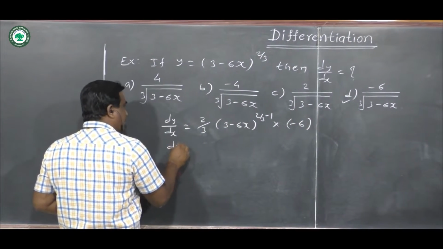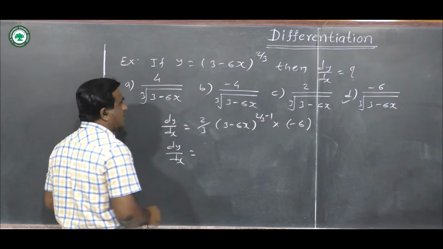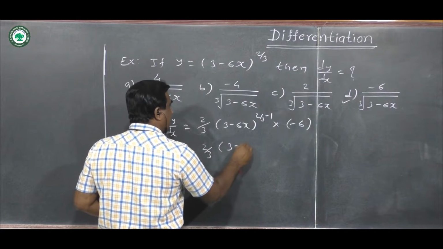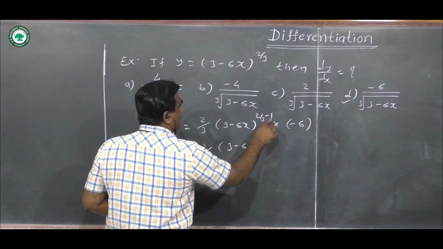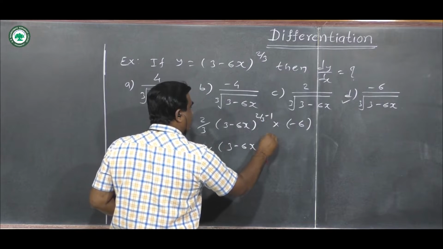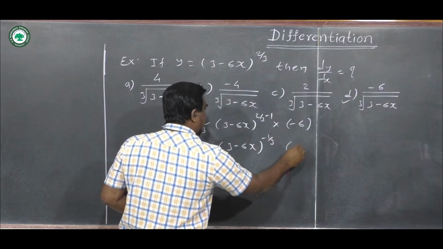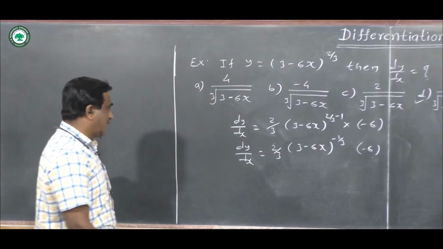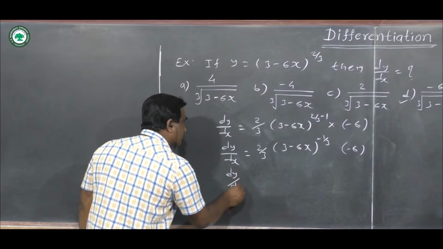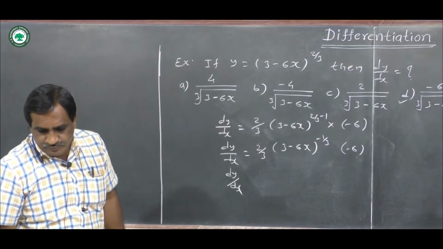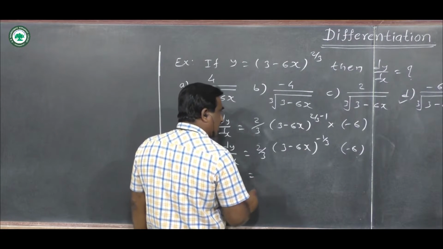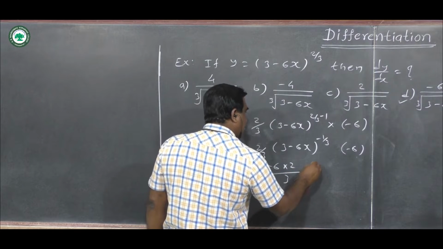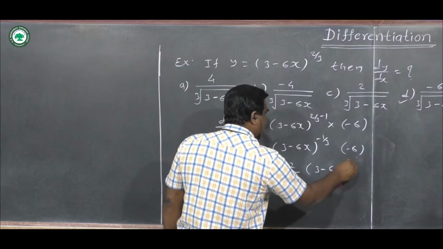Okay, that is we get here dy by dx is equal to 2 by 3 into (3 minus 6x) raised to 2 by 3 minus 1, taking addition here we can write minus 1 by 3, into minus 6. That is dy by dx is equal to, you can write here minus 6 into 2 by 3 into (3 minus 6x) raised to minus 1 by 3.